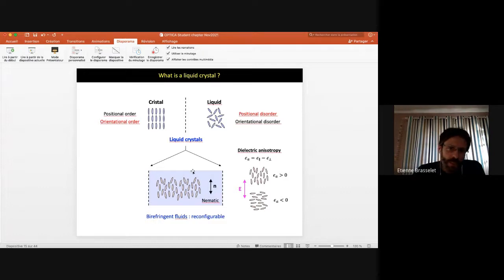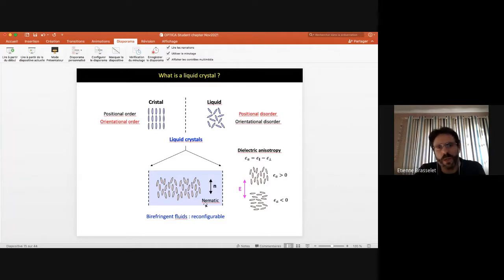And if you look locally at a bunch of molecules, the classical liquid crystal, the one that is usually in your screens, if those are based on liquid crystal technologies, they are filled with what we call nematic liquid crystals. And nematics have the following properties. If you look closely at a collection of molecules at the small scale, each of them tends to be parallel to its neighbor. This defines locally an orientation, which means an arrow, but there is no head or tail.